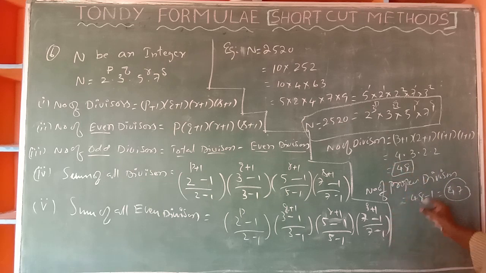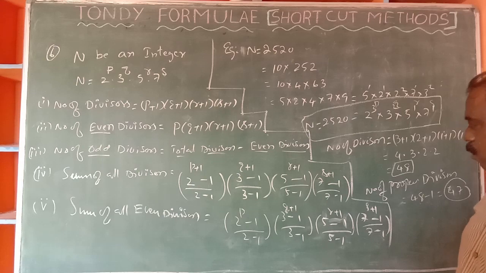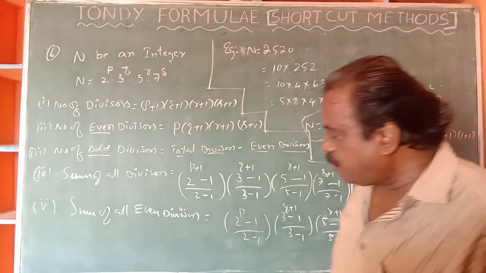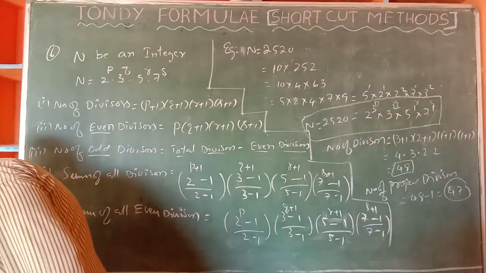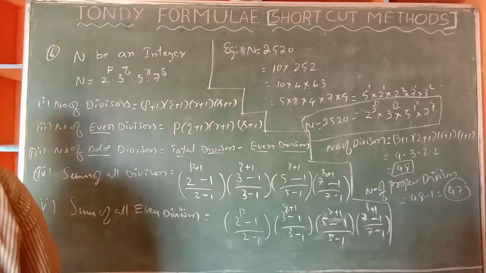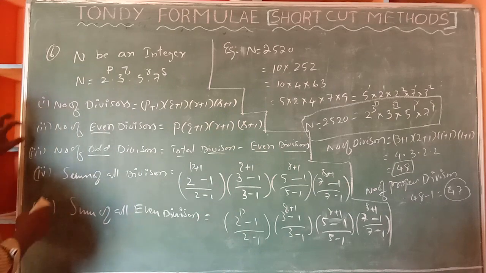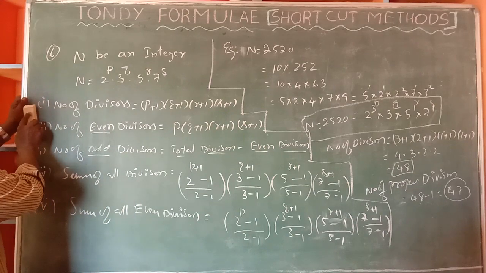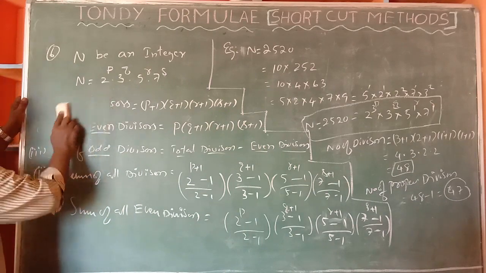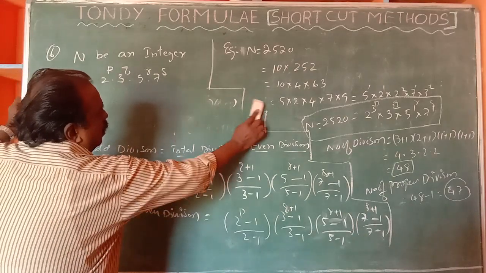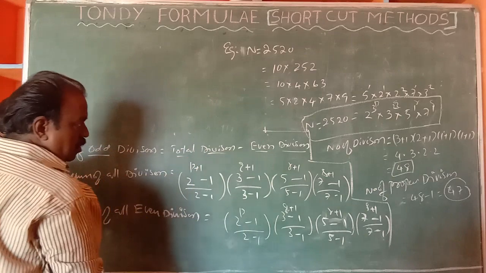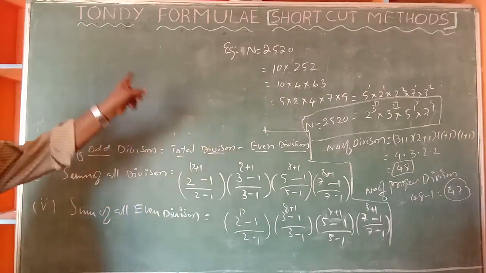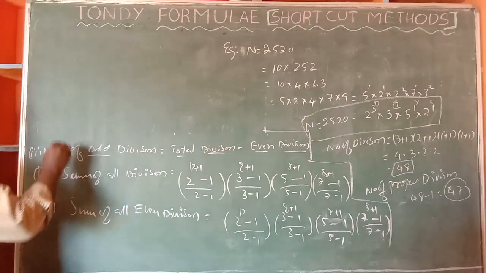So 48 minus 1, that is the proper divisors. Now I am erasing this 2 because it is already given. Next, I am going to solve the continuation.